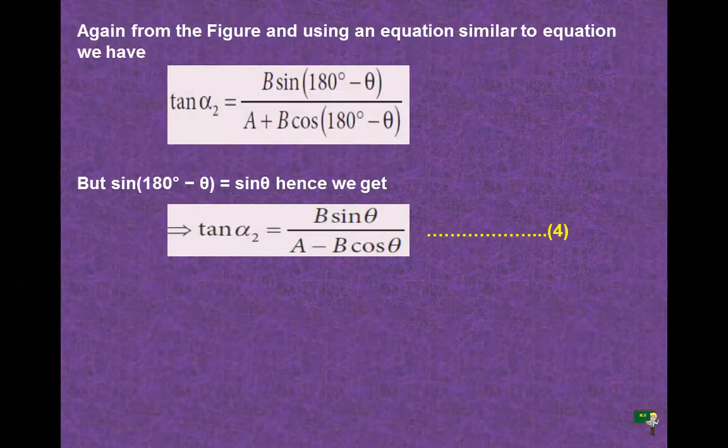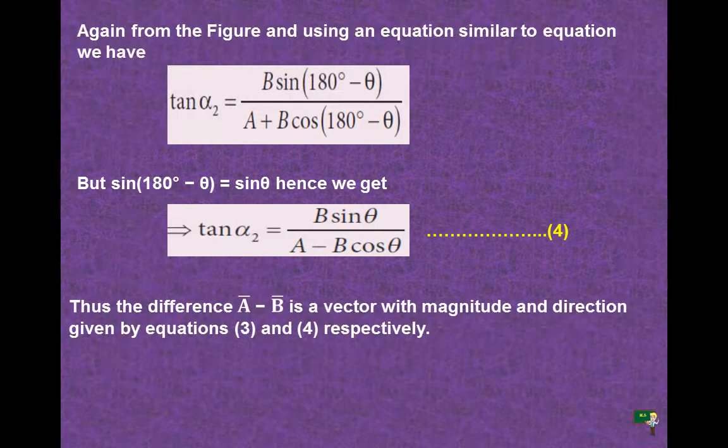So you can substitute the value here as B sin theta, and in the denominator A plus B cos(180 degree minus theta), where cos(180 degree minus theta) is minus cos theta. So you can substitute this minus here, A minus B cos theta. Thus the difference, A vector minus B vector, is a vector with magnitude and direction given by the equations 3 and 4 respectively.